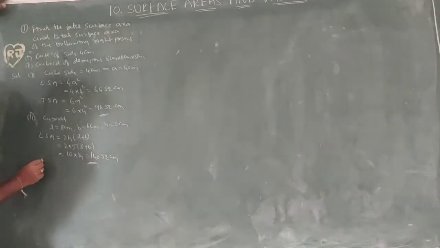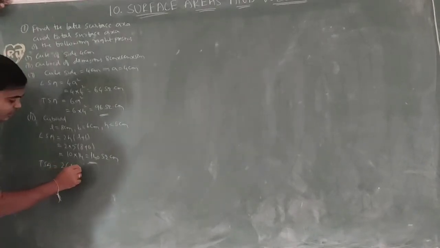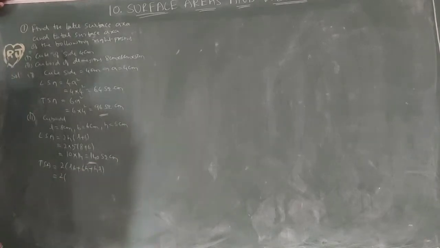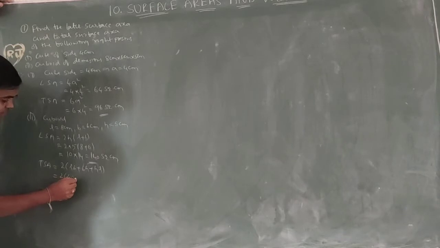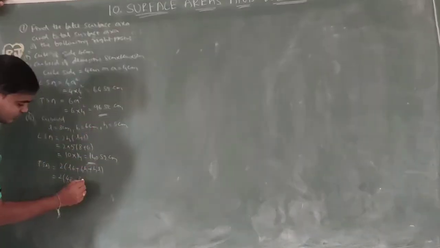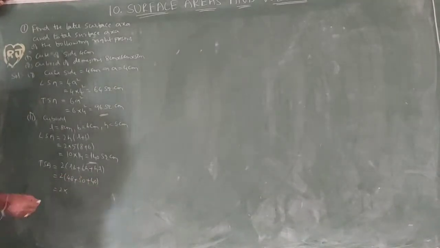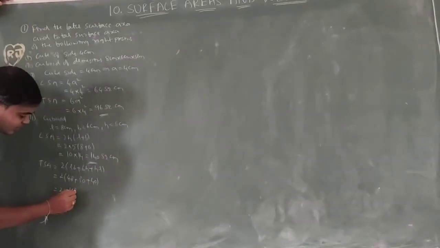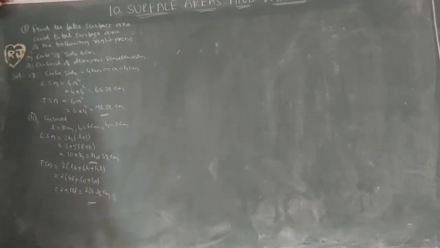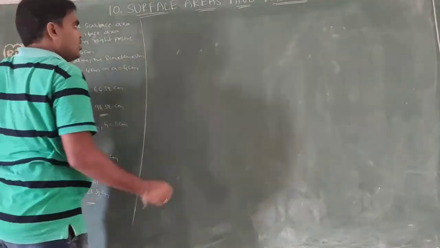Next, TSA total surface area equal to 2 of LB plus BH plus HL. So 8 into 6 is 48, 6 into 5 is 30, 8 into 5 is 40. So 2 into 118, overall 236 square centimeters. So this is the lateral surface area and total surface area of the given solids.